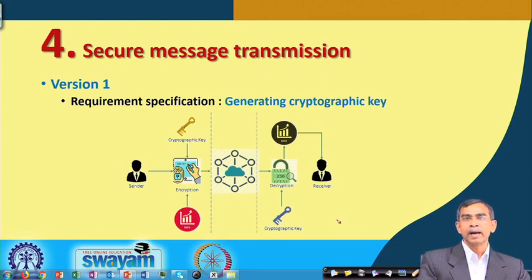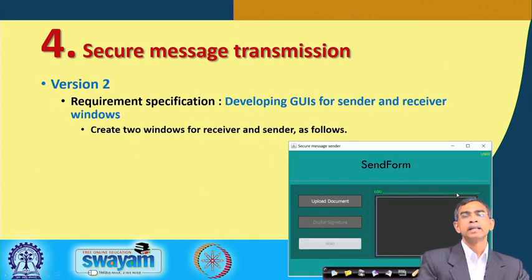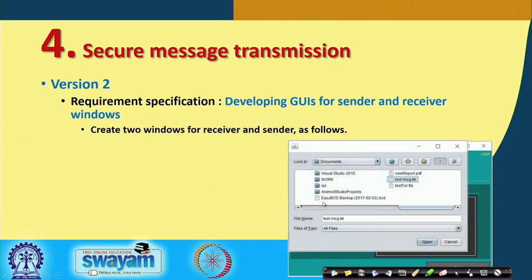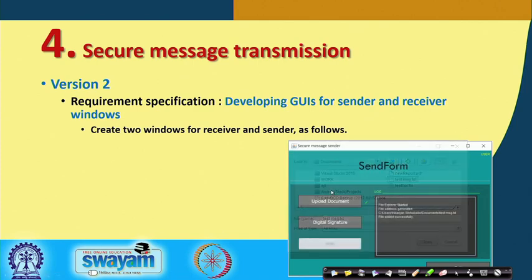Now, in version 1 you can simply generate the cryptographic key, and in the second version you can build the graphical user interface. I have displayed here how the graphical user interface will look. This is the view of a GUI Windows program. If you click upload document, it will go to the browser and select the directory, and any file in this directory can be selected and opened.